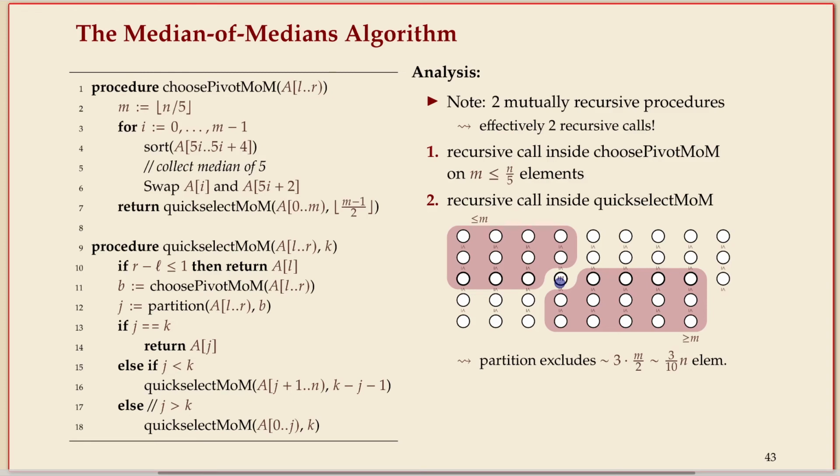There's actually 2 elements that could count as a median. I'm choosing the smaller one arbitrarily. That's why it's rounding down here. So this M, that's the pivot element. That's the one that determines how we partition and how we recurse. Now, how many elements can, in the worst case, be in this recursive call, in either of these recursive calls? And for that, you have to look at these shaded areas.